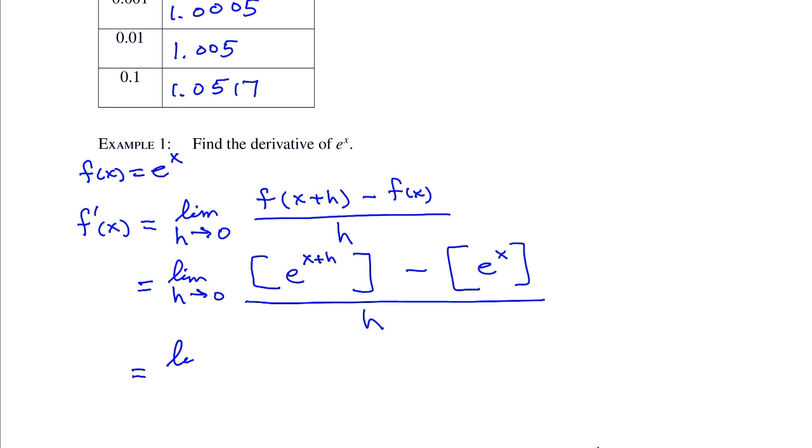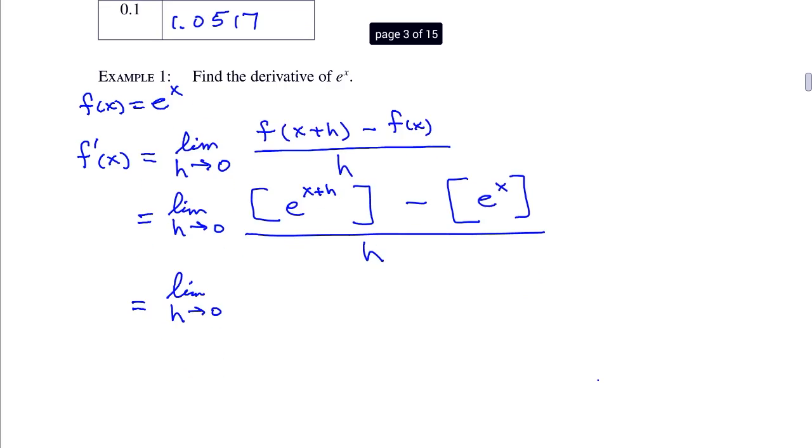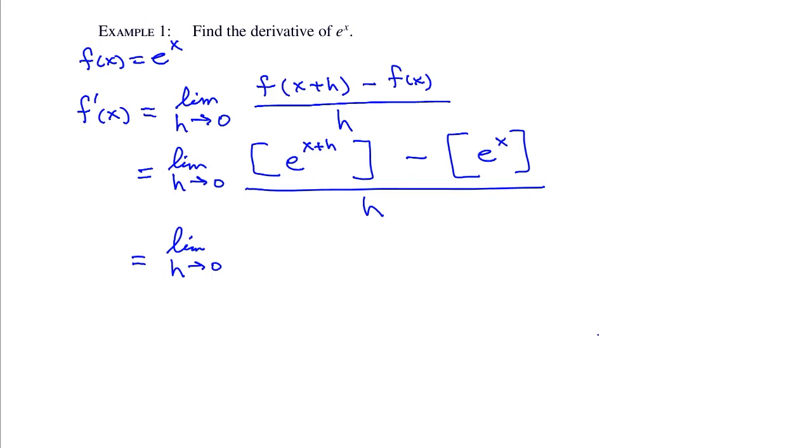All right, next step. We have e to the x plus h. I'm going to split them apart. Algebra would suggest that these have been put together, and remember, you end up adding exponents when it was base exponent, base exponent. So these split apart as e to the x times e to the h.